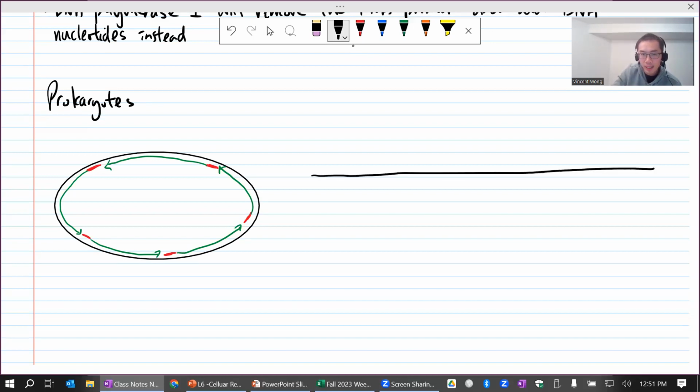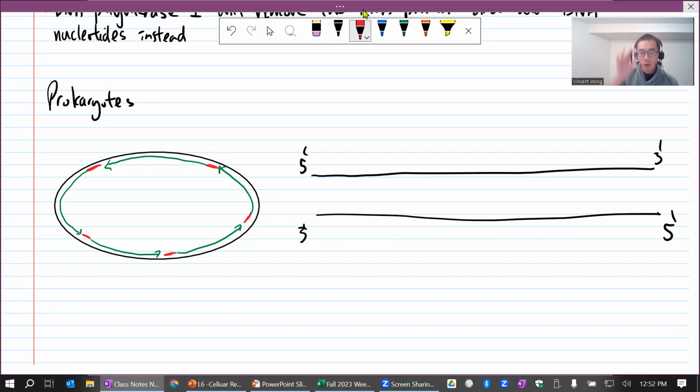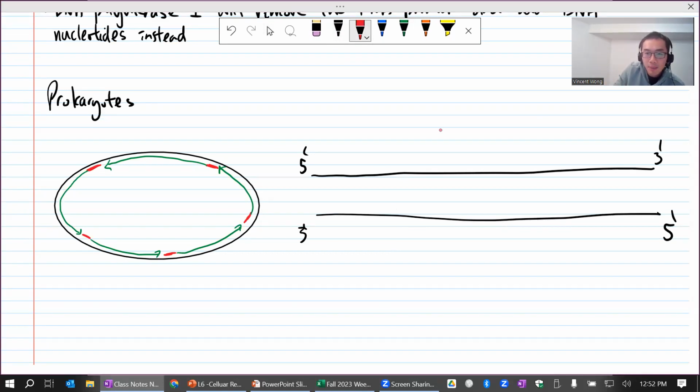Linear is straight. Now I'm going to draw two strands here, 5 prime to 3 prime, 3 prime to 5 prime, just like before, except instead of drawing the bubble, I'm drawing a straight line to make it easier. So watch. You put a primer here, that's 5 prime to 3 prime, and polymerase 3 will build the rest of the strand.